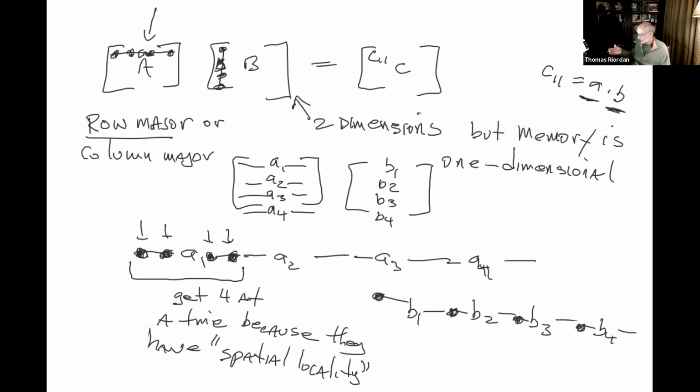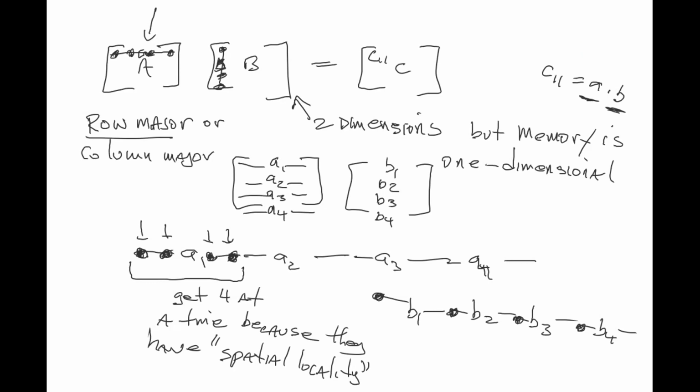Not only will it take you a long time to get them, but once you get one of them, you then throw it away when you get the next one. Those 2 lines will collide in the cache, and you'll have to throw the previous line out. So it won't even be in the cache anymore. And if that happens, of course, the advantage of having a cache has gone away. So that's all bad.